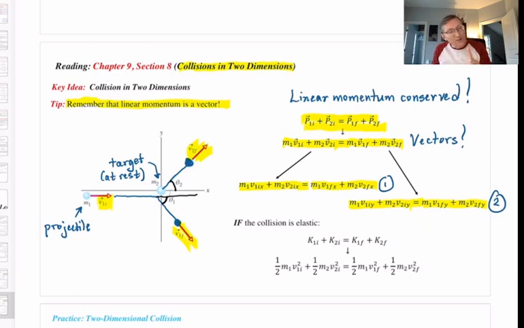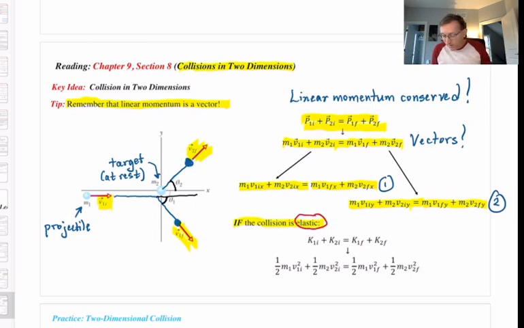Now the next thing I'm going to talk about is conditional. It might be true and it might not. It's case dependent. And that statement is about whether or not the collision is elastic. We will usually end up just being told if it's elastic or not.